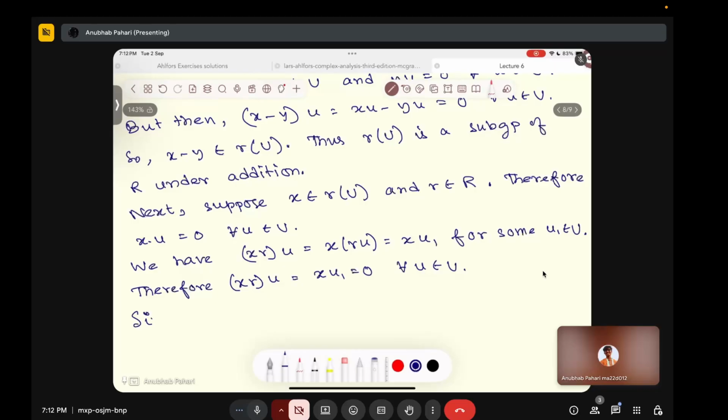Similarly, this implies that xr belongs to R of u, and similarly we can see R of x belongs to R of u.